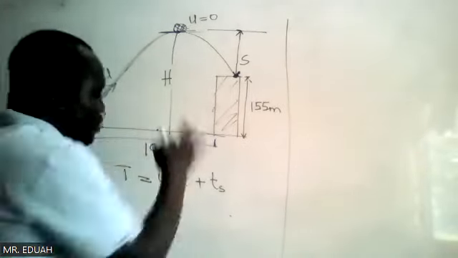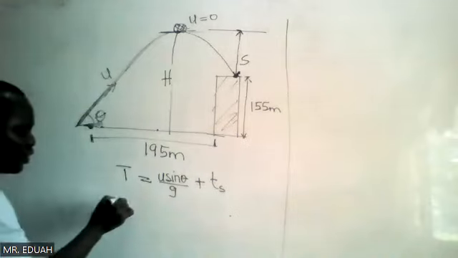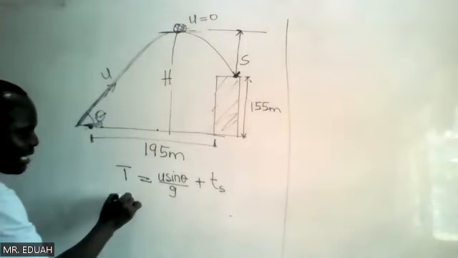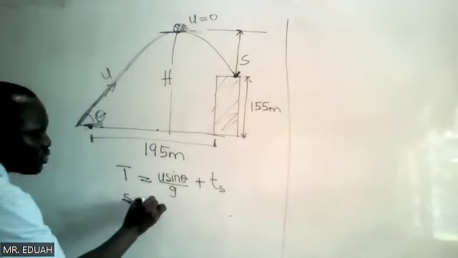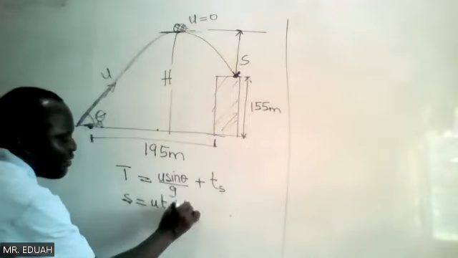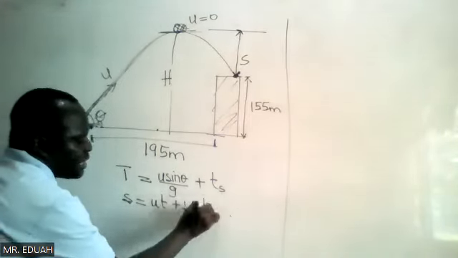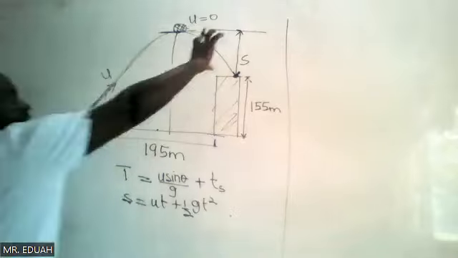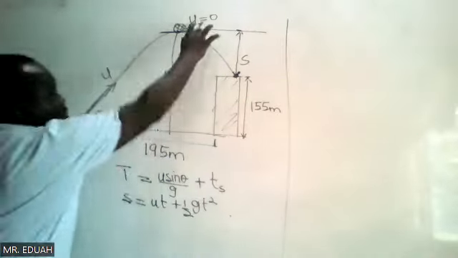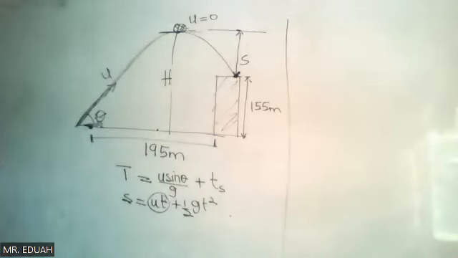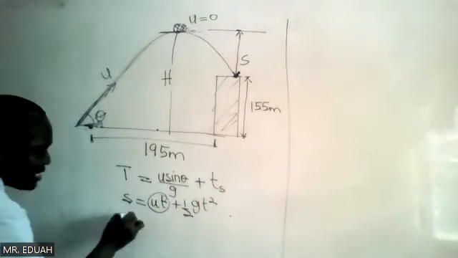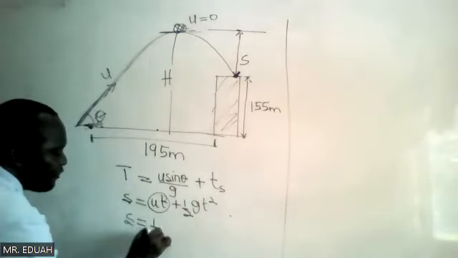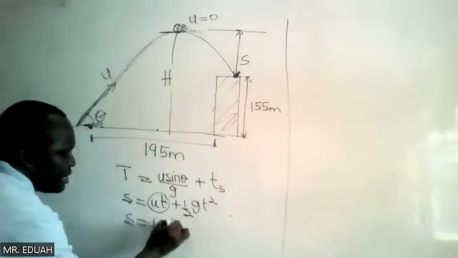So if this U is equal to 0, then using S equals UT plus half g T squared, we can find this distance S because U is equal to 0, so this part would go off. So S is equal to half g T squared.